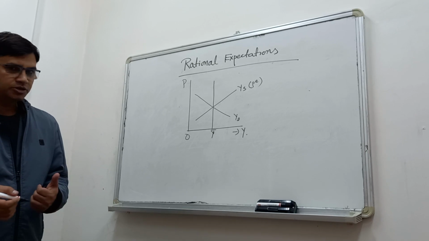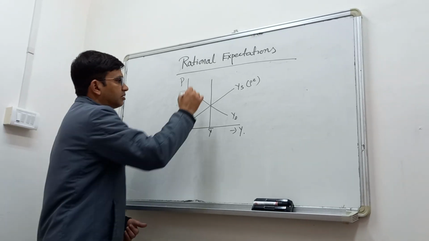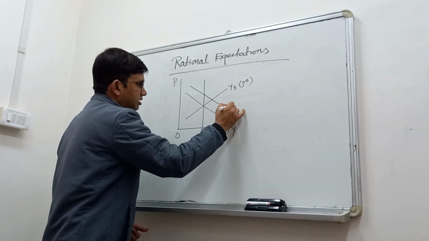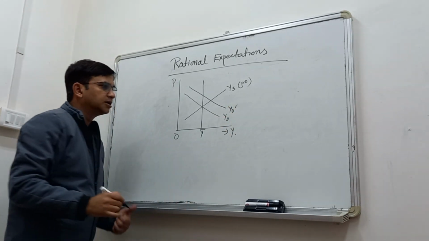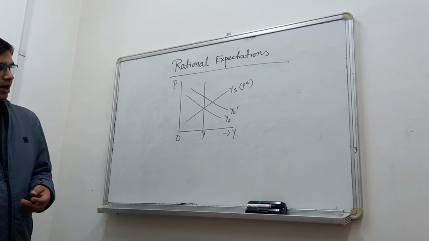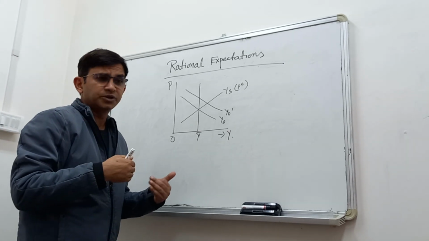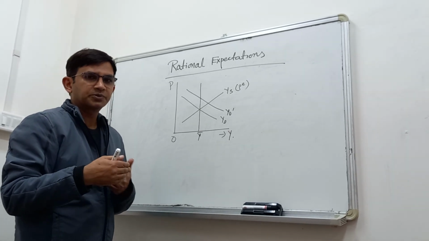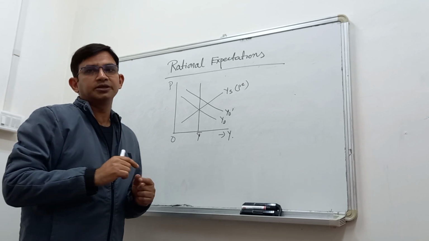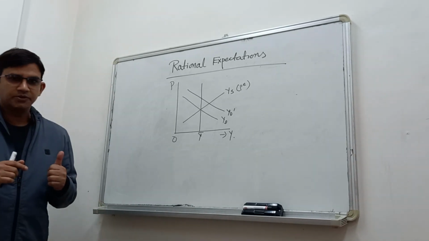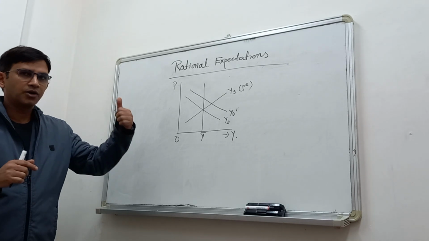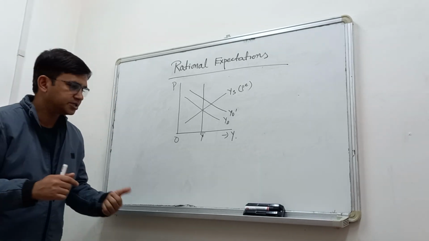So according to theory of rational expectation, whenever there is an increase in demand to YD dash, automatically the behavior of the agents will change accordingly. They expect the difference in the price, they expect the change in price, and automatically the workers will demand higher wage.